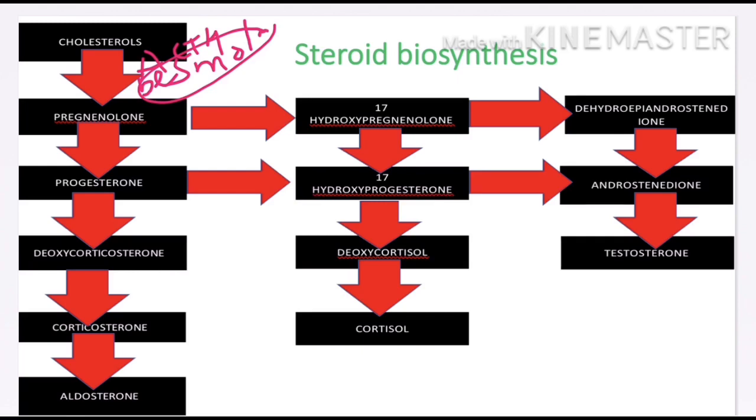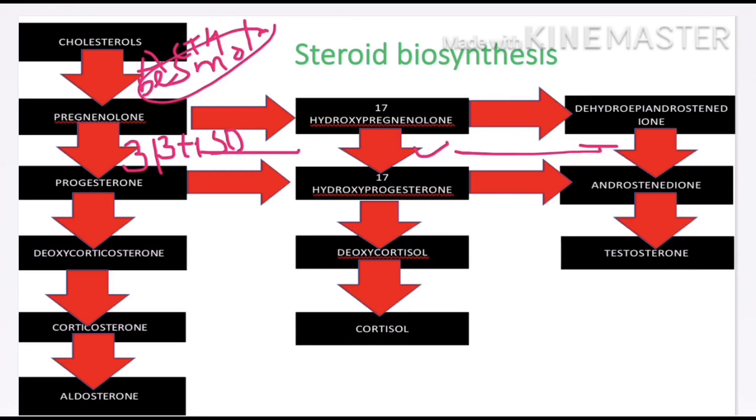Here we have 3 beta hydroxysteroid dehydrogenase. Similarly, 17 hydroxypregnenolone is converted into 17 hydroxyprogesterone in the presence of the same enzyme, 3 beta hydroxysteroid dehydrogenase.